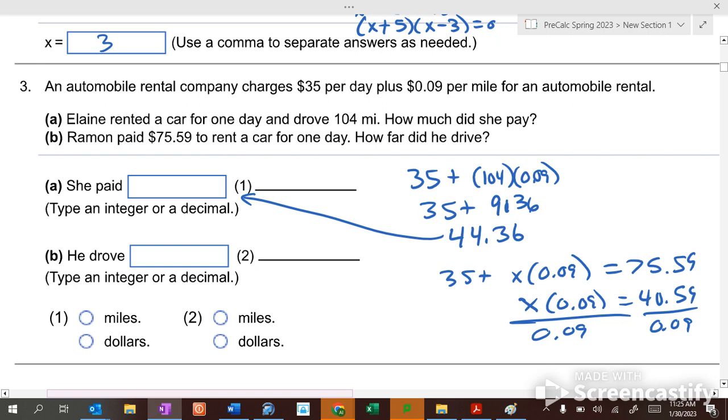That's over 400 miles, right? I can't hear you. 405.1? 451. All right. There we go. That many miles, and the first one was that many dollars. Okay?